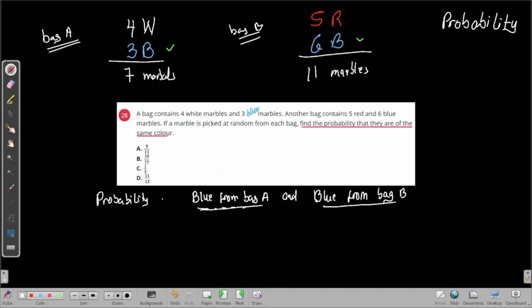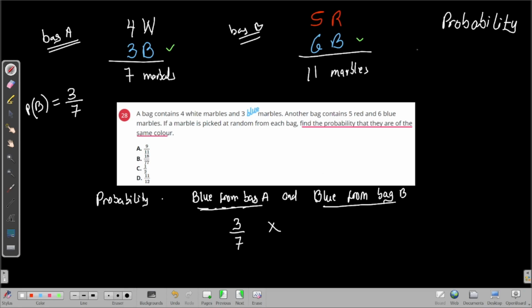So what's the probability of choosing blue from bag A? It is the number of blue marbles, which is 3, divided by the total, that's 7. So that's 3 divided by 7. And means multiplication. What's the probability of choosing a blue marble from bag B?